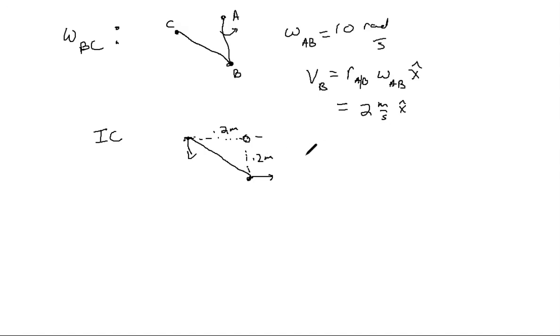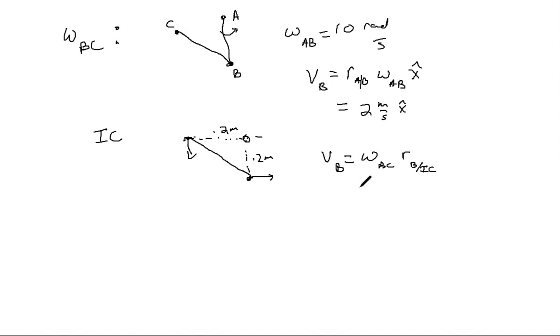So this allows me to say that if I view point B as part of link BC, VB equals omega BC times RB to the instantaneous center for this link, which was 0.2.